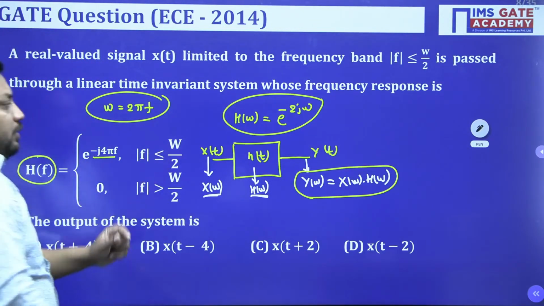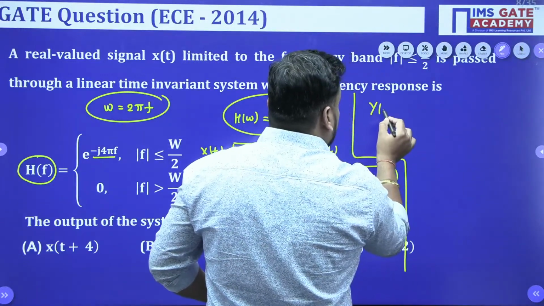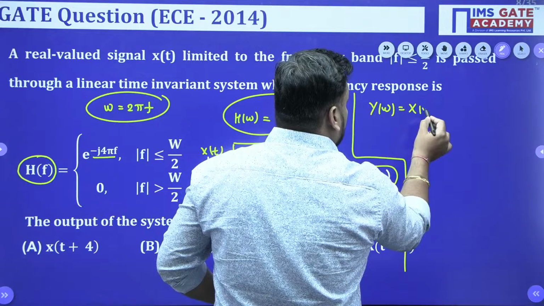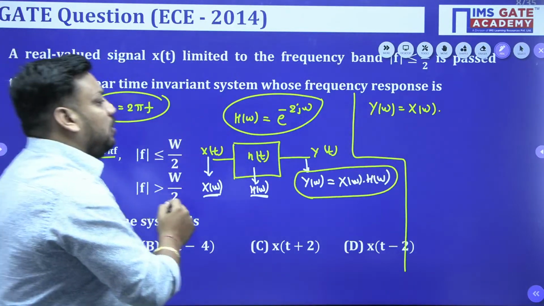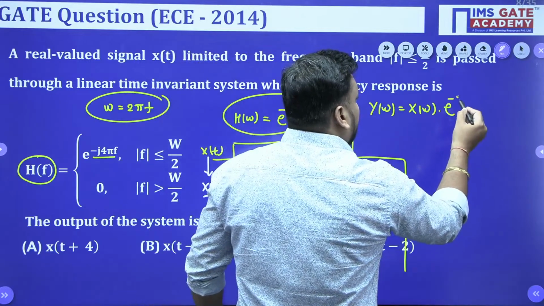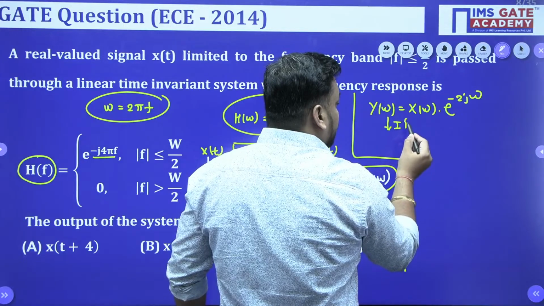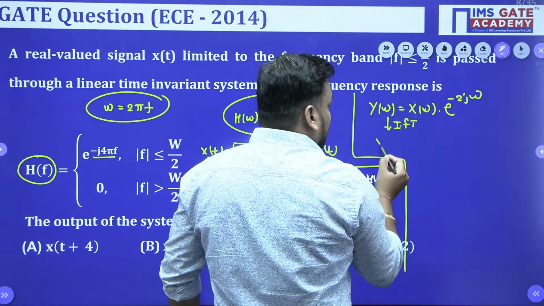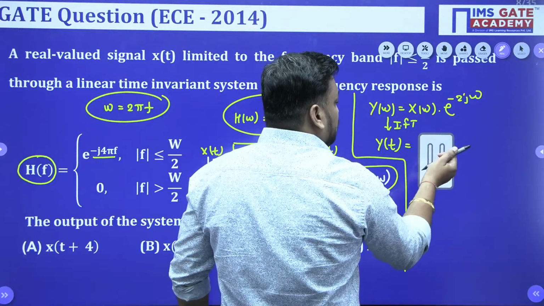It means Y omega is nothing but the input signal X omega multiplied with the impulse response H omega. What is H omega? E to the power minus 2j omega. So if I take the inverse Fourier transform, don't you think y(t) will equal x of t minus 2?